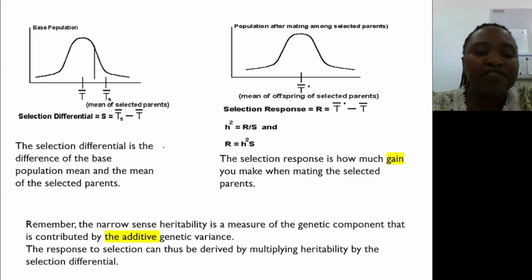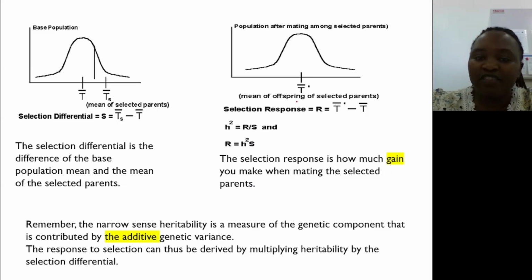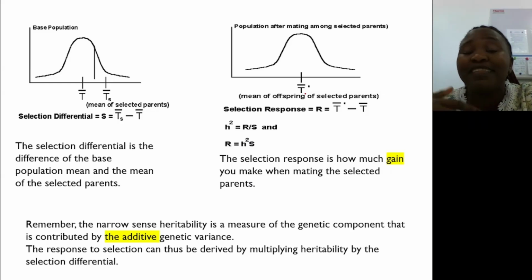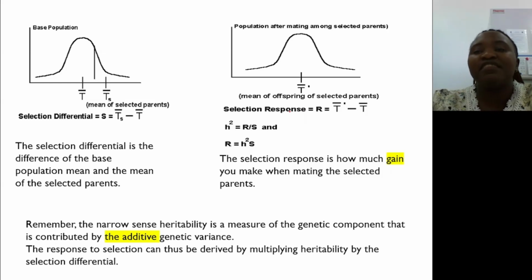So the selection differential is the difference between the base population mean and the mean of the selected parents. Then in your new population, you have another mean, which is indicated here, the new mean of the offspring of the selected parents. This is the selection response.